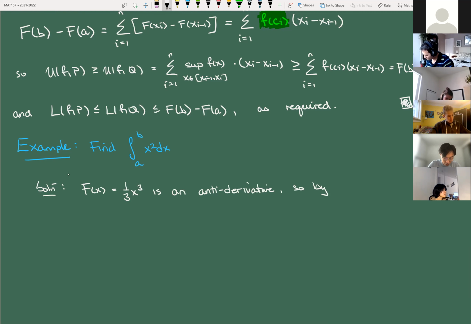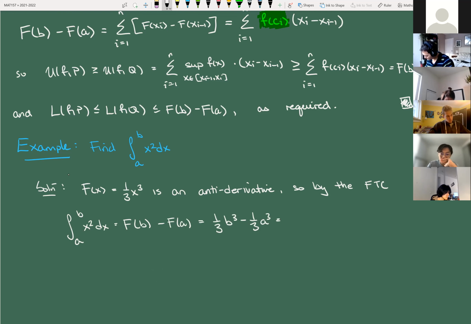So by the FTC. And I'm doing this just because this is our first couple of examples after doing the FTC. You don't have to say by the FTC. You can just start computing. The integral of x squared dx is going to be F of b minus F of a, 1/3 b cubed minus 1/3 a cubed.